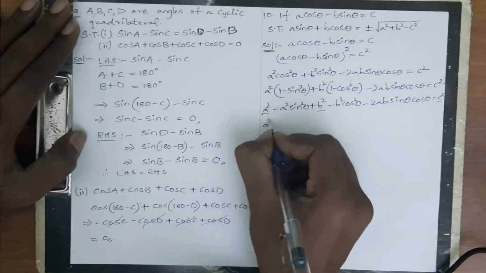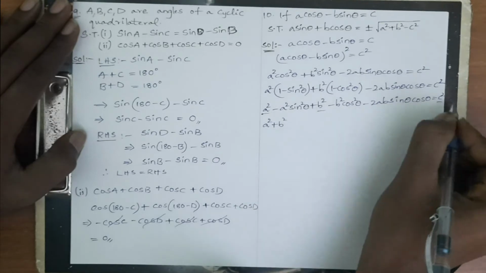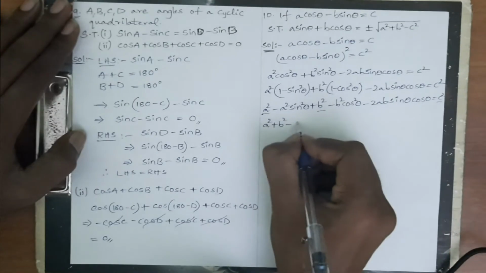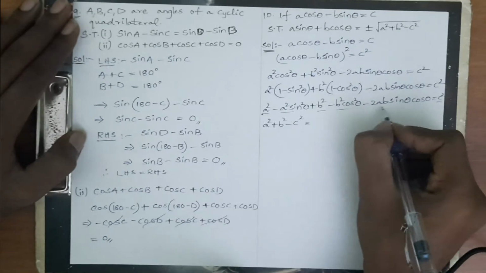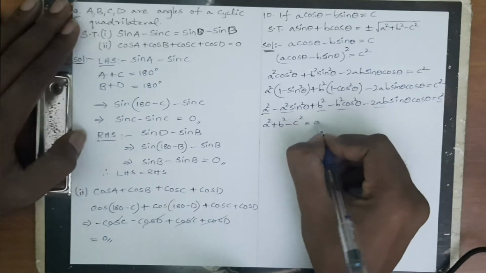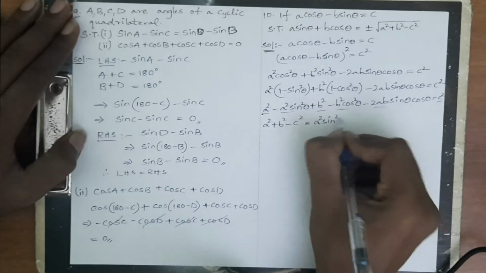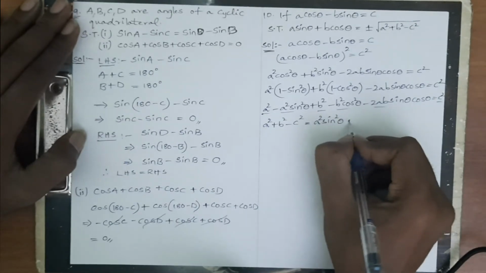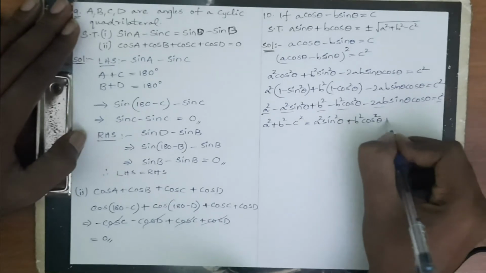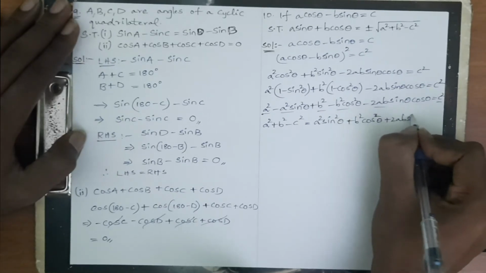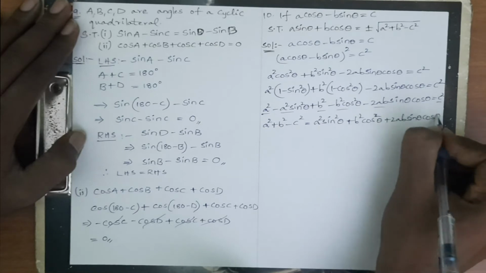So A square plus B square, we'll bring onto the left hand side, minus C square, and let's send all these negative terms onto the right hand side. So A square sine square theta plus B square cos square theta plus 2AB sine theta cos theta.